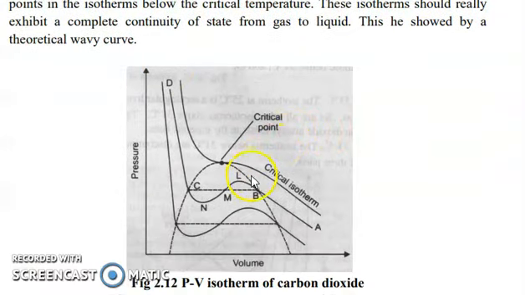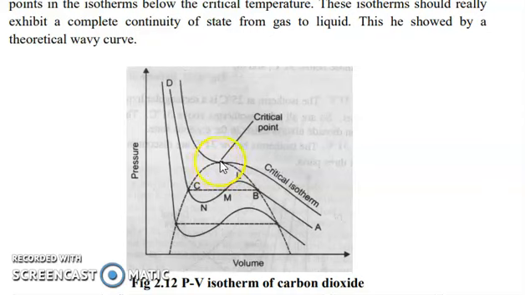Look at this picture. We are talking about this curve, and this is the maximum point of the curve, the critical point.